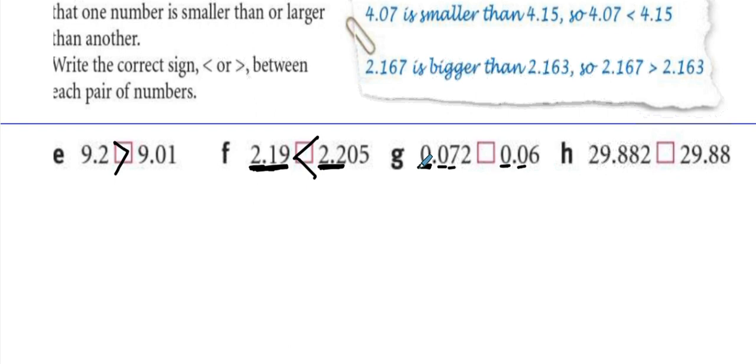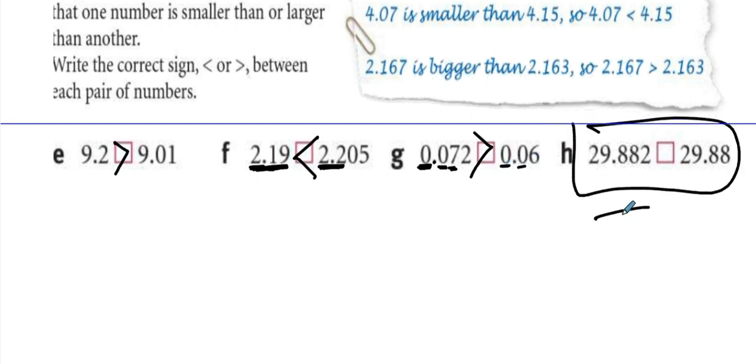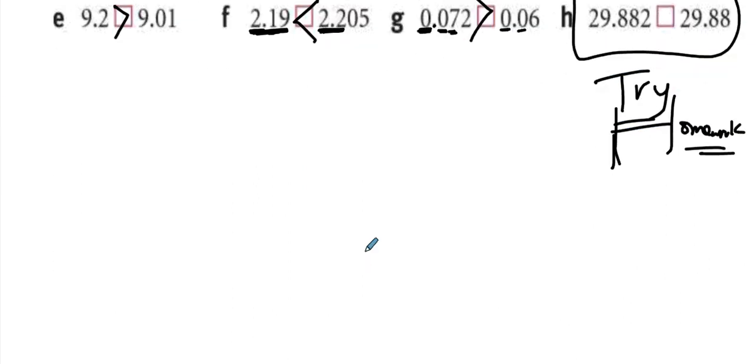Move on. 0.0, 0.07, 0.06. So 0.07 is bigger than 0.06. So this will be your exercise or your homework. Do that. Drop me a message if you don't understand.